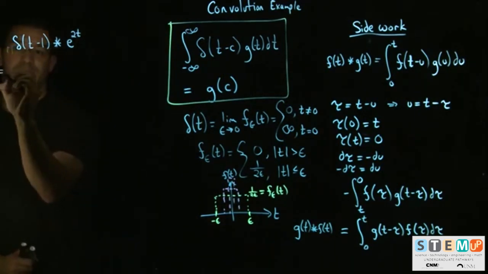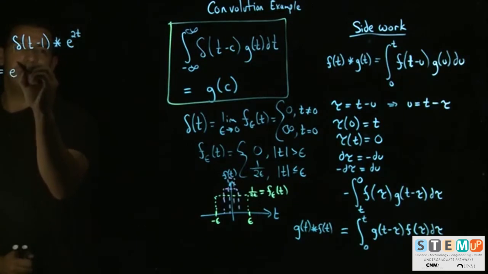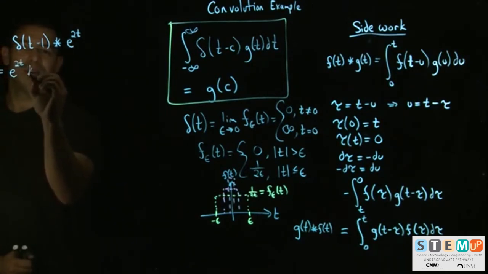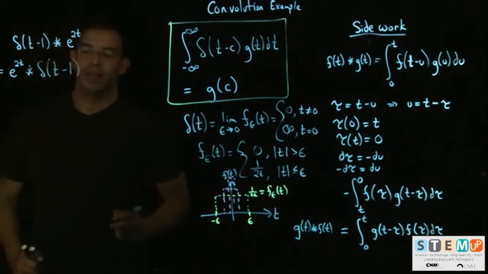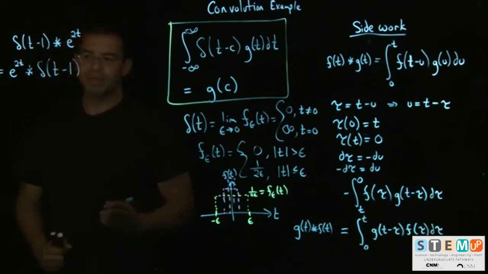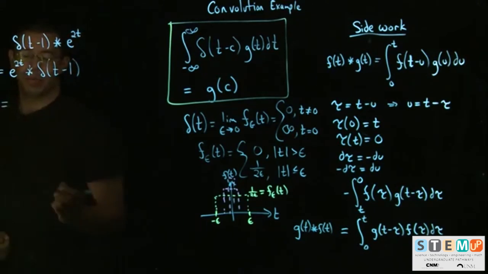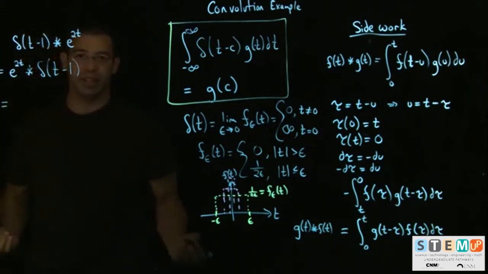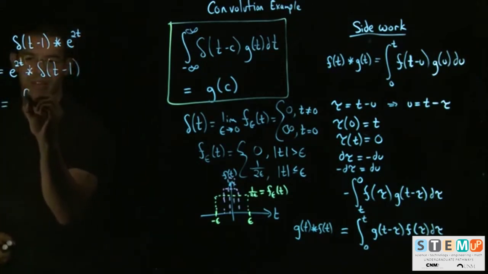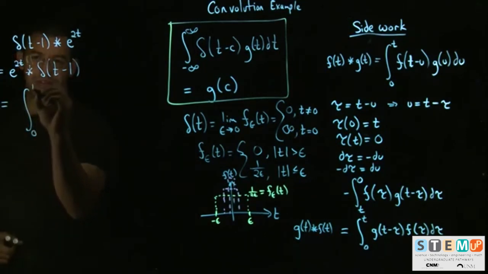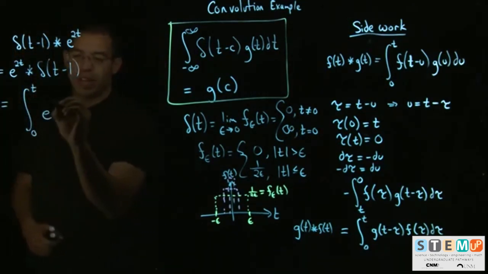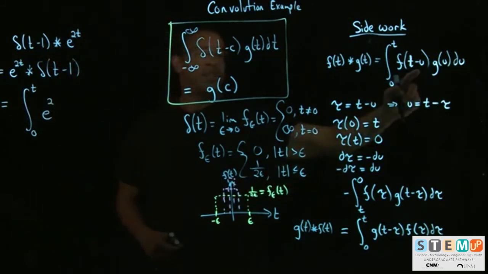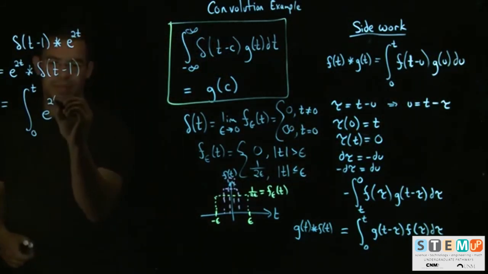Okay, so now let's rewrite this guy. So this is the same as e to the 2t convoluted with delta of t minus 1. So if you're not sure what to do, always just go back to the definition, right? So our definition, convolution, 0 to t, e, but we need to replace the t with t minus u, right?